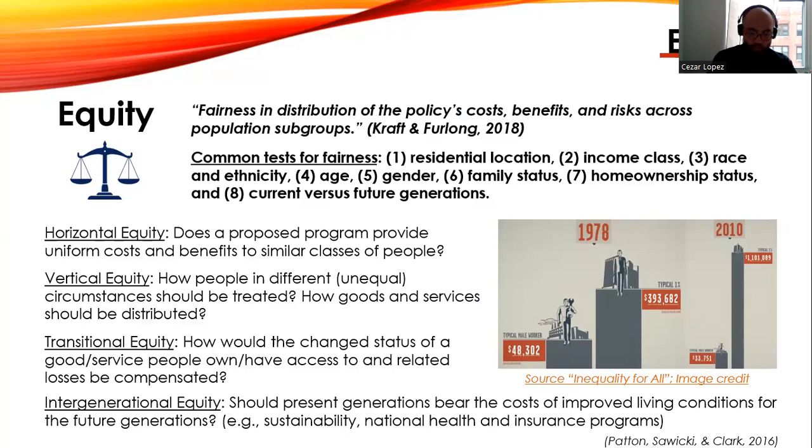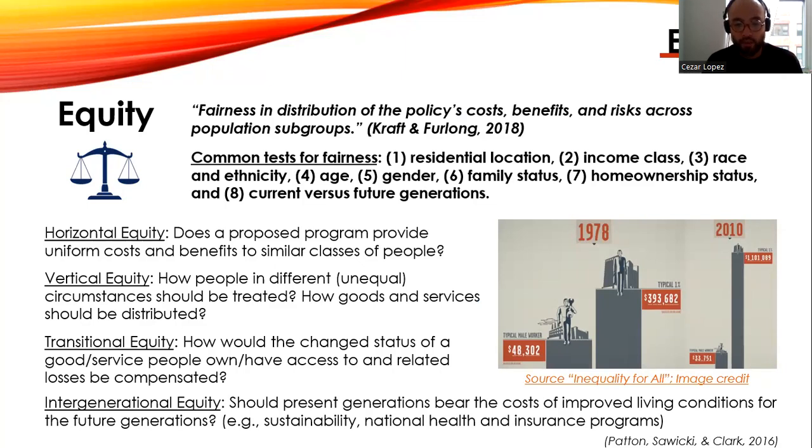Equity. There are different ways to determine the subgroup populations. Some of the common tests for equity include considerations about how the policy would or has affected different populations based on residential location, income class, race and ethnicity, age, gender, family status, home ownership status, and current versus future generations.